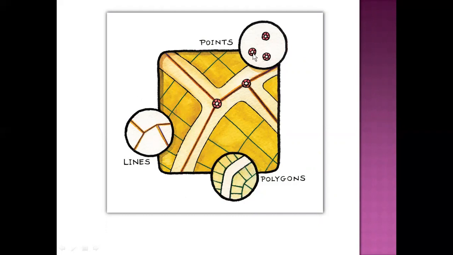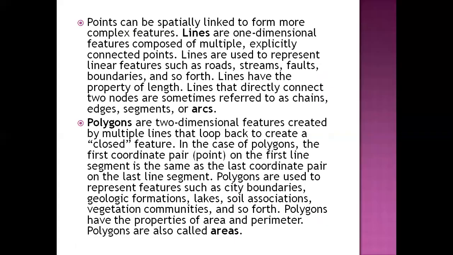Points, lines, and polygons represent the vector data model. Points can be spatially linked to form more complex features.